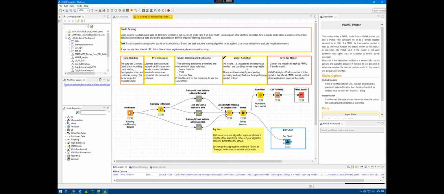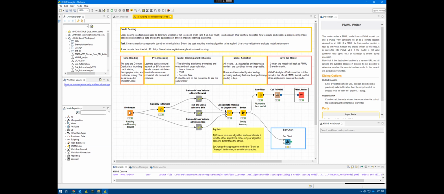Then it will select the model that does the best in terms of accuracy, and at the end, it will save that model so you can deploy it onto your production servers, right? So that's in essence what it does.